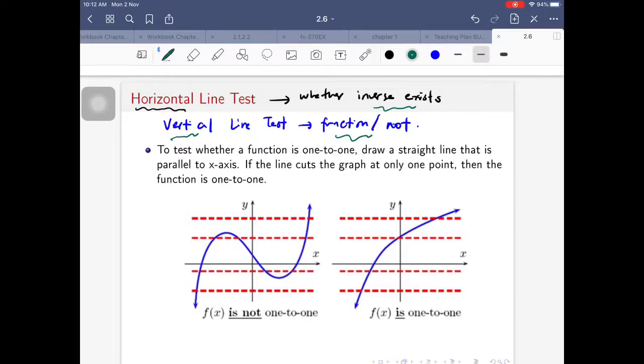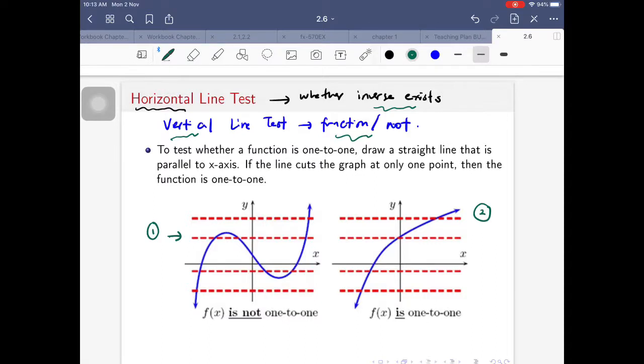What you do is draw a horizontal line, and if the horizontal line cuts at more than one point on the graph, automatically the inverse does not exist. Here I have two graphs, number 1 and number 2. Have a look at the second line from the top in the first.